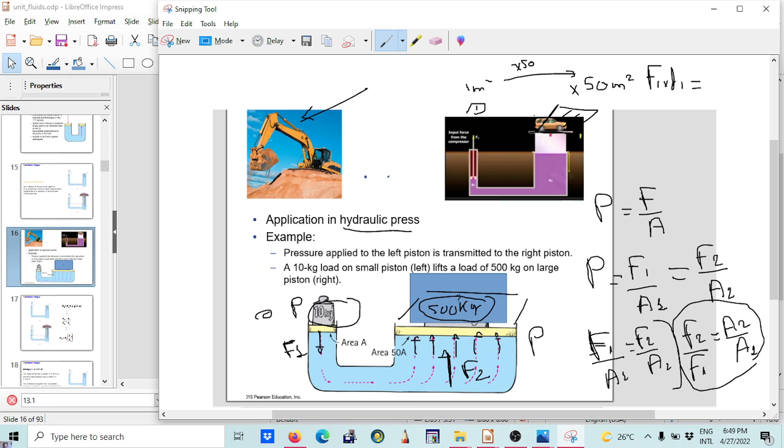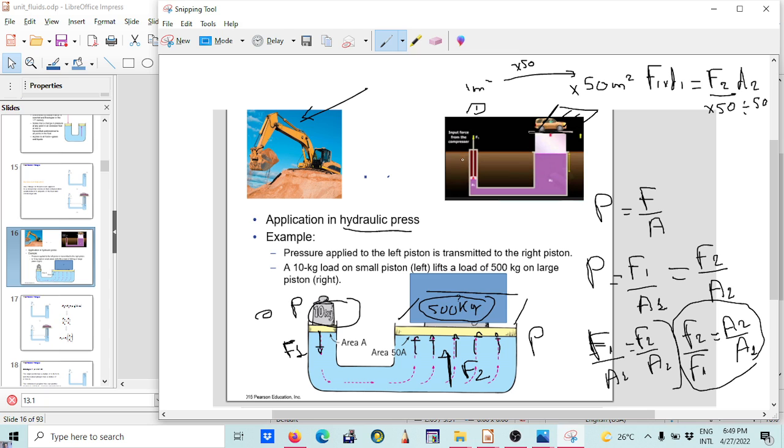So the work you are doing on the piston here is going to be the force you are applying times the distance you are pushing down. And on the other side, the work done on the car, because of conservation of energy, is going to be the same, but it's going to be F2 times D2. So F2 is multiplied by 50, so this has to be divided by 50, so energy is conserved.